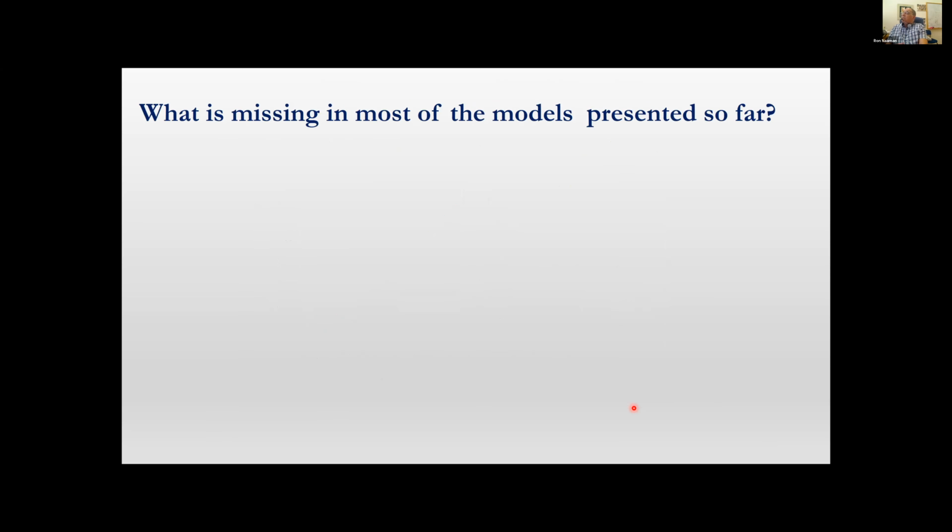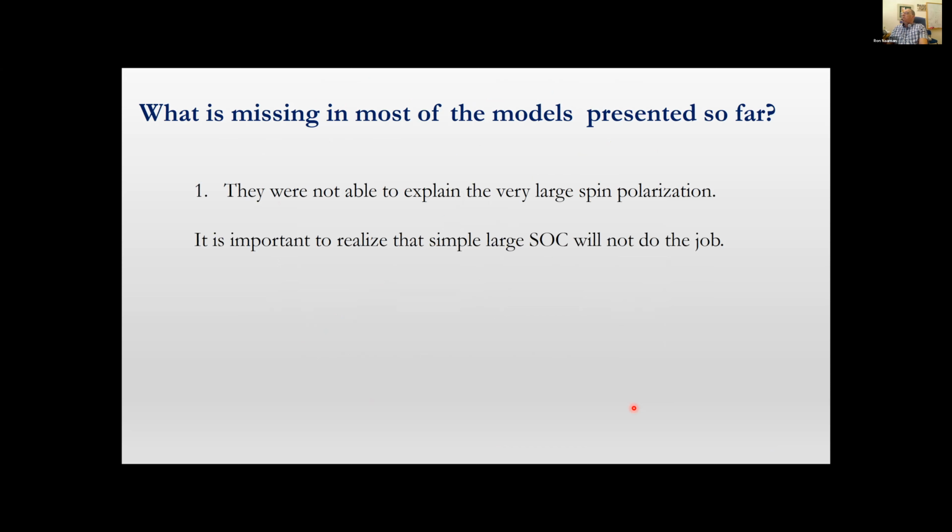So the question is, what is missing in the model that I presented before on the CISS effect? The model does not explain the very large spin polarization. And many people thought that the reason is that somehow there is a problem with the spin-orbit coupling, that the actual spin-orbit coupling is larger than the one we calculate.